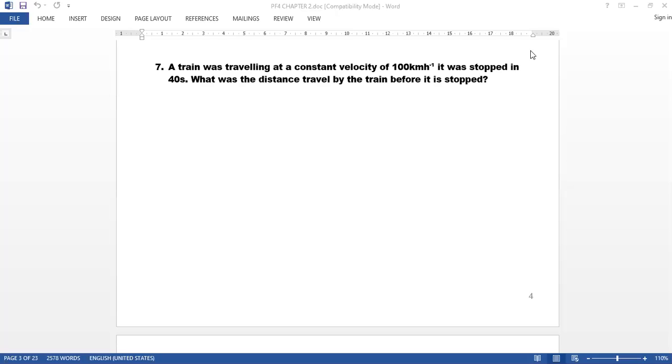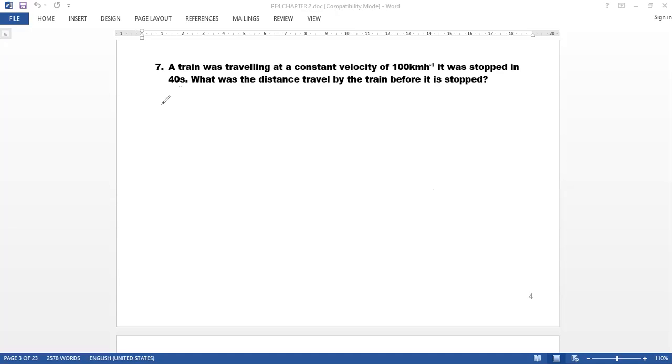Okay, number 7, it's a question where you need to understand how to change a unit from another unit. So number 7 is a bit tricky question. Okay, see here carefully. How to solve number 7. A train was traveling at a constant velocity of 100 kilometer per hour.